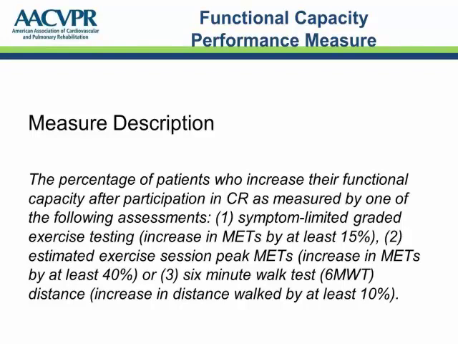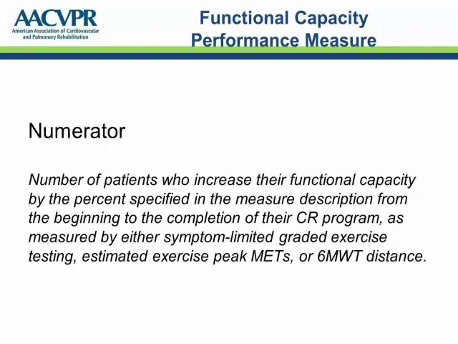And 3, a 6-minute walk test with a distance increase walked of at least 10%. Taking into consideration the wide variability in patients and their ability to improve functional capacity, the performance measure uses a conservative threshold for achieving this measure.